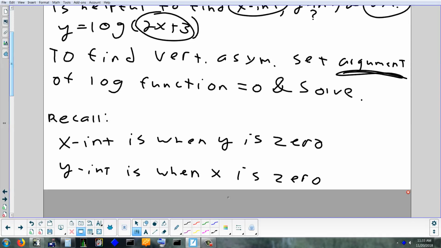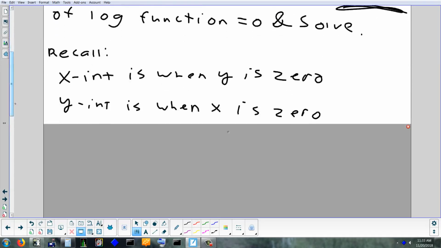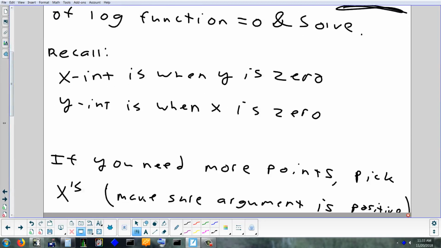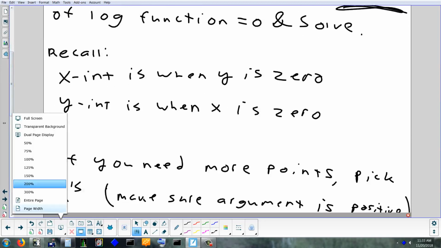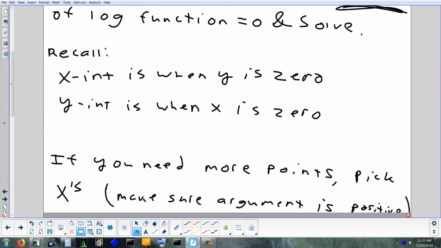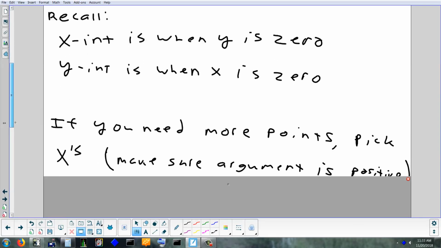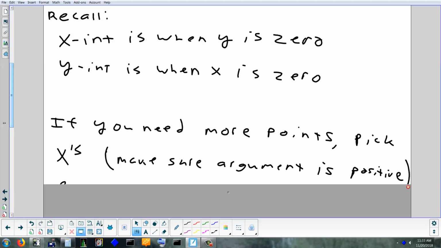Okay, we can use the table on the calculator, and that'll help us get some points too. But what you want to remember is log functions only curve in one direction. They never go in both directions at the same time. So you have to pick x's that make your argument positive.